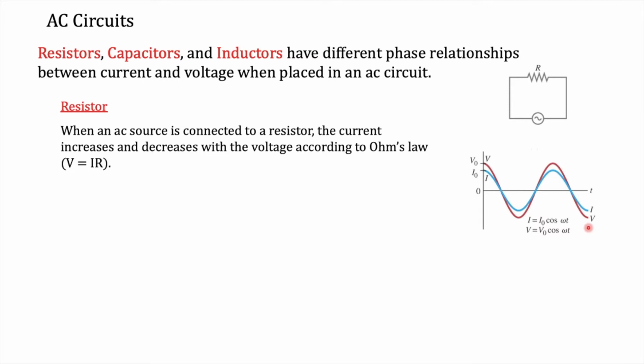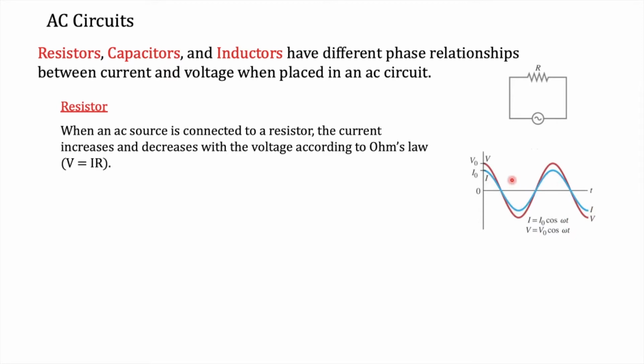So instead of I for direct current, here I is I naught cosine omega t. If you were to plot this equation, I equals I naught cosine omega t, you'd get this blue line over here.